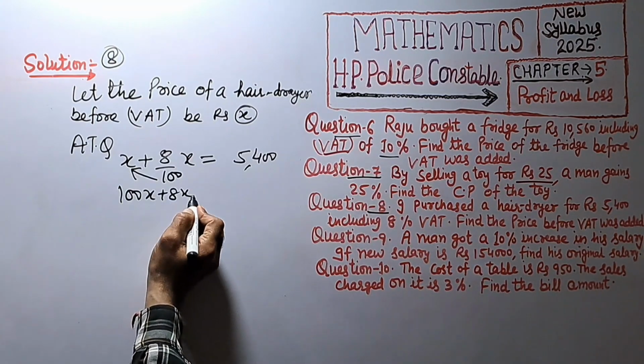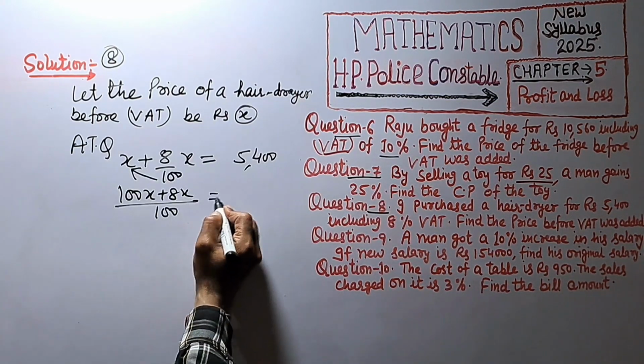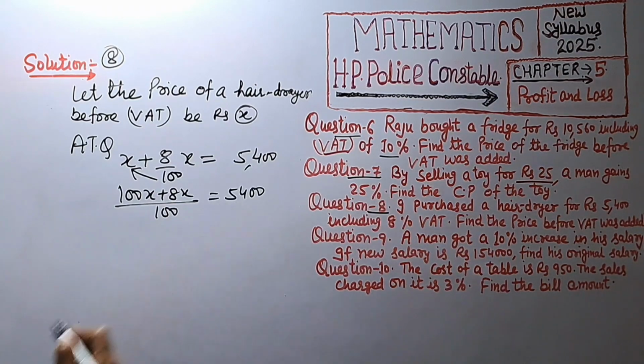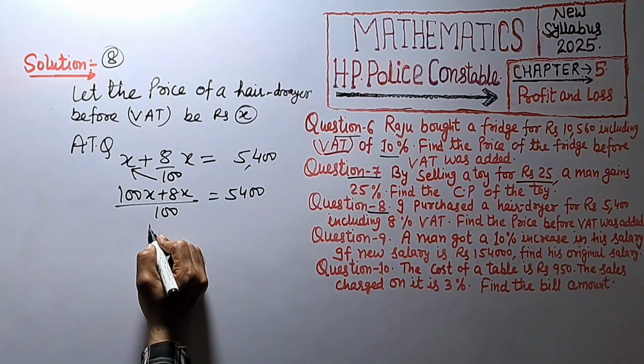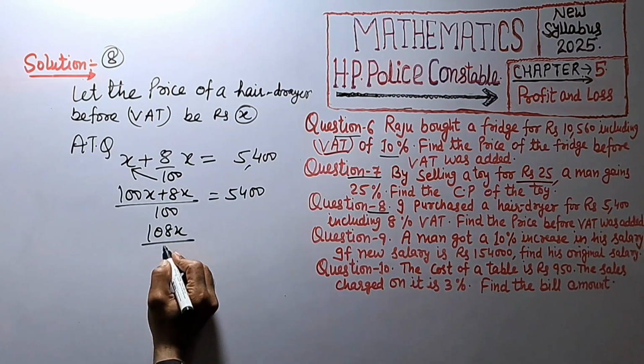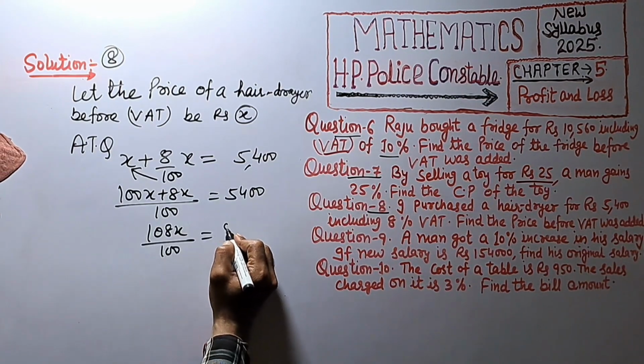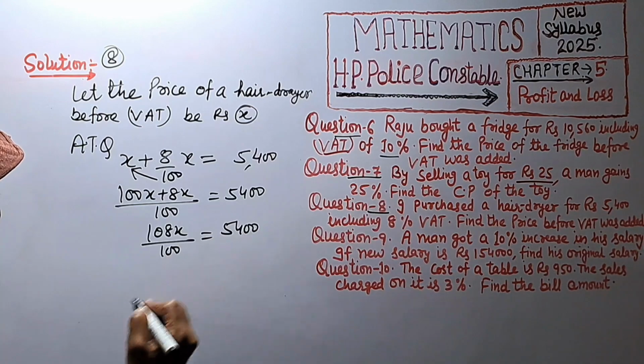100x plus 8x upon 100 is equal to 5400. 100 plus 8 is 108, 108x divided by 100 is equal to 5400.